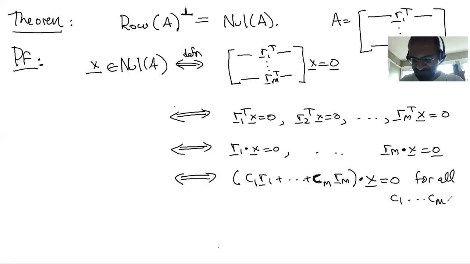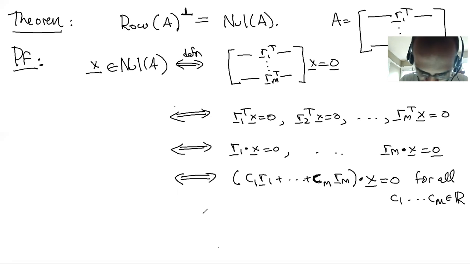That's kind of easy to check because certainly the individual rows are a special case of this. And if X is orthogonal to each of the rows, then just by linearity of the dot product, by distributing the dot product, you get that it's orthogonal to any vector in the span.